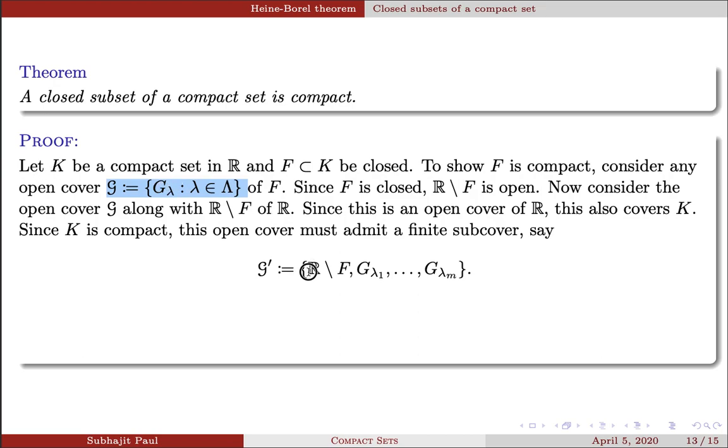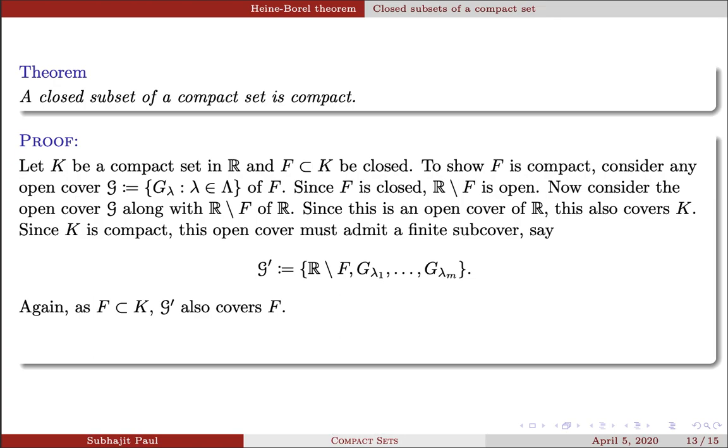So we possibly need R minus F in our finite subcover to cover K, along with some finitely many elements from the script G, right? So this one will be an open cover of K. This one will be a finite subcover of the compact set K.